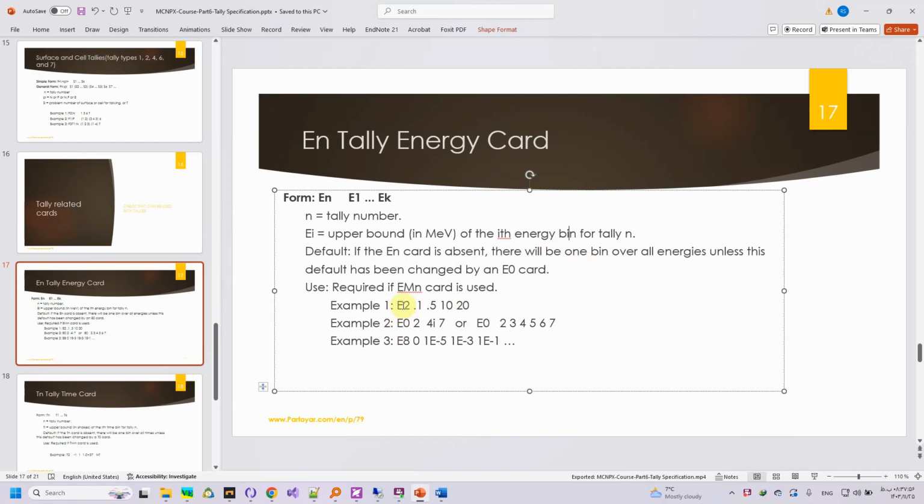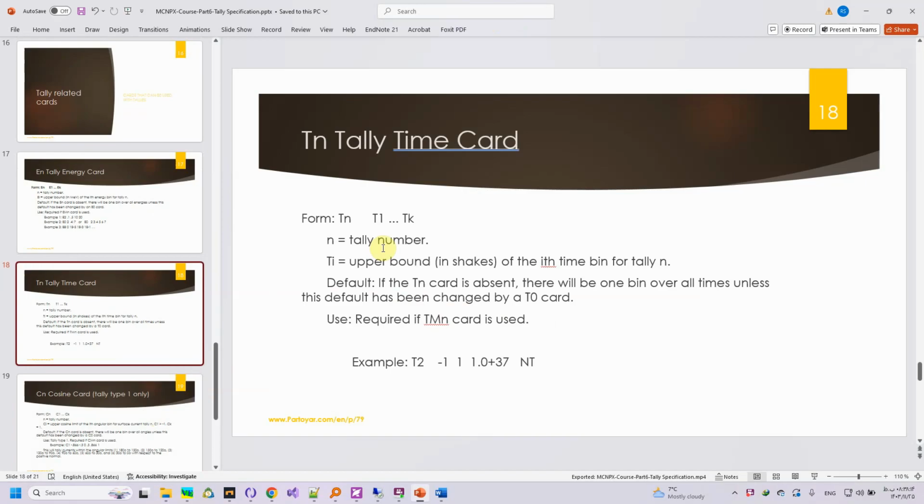Here is an example, E2, it connects to tally type 2 and it divides the result from 0 to 0.1 and other parameters.